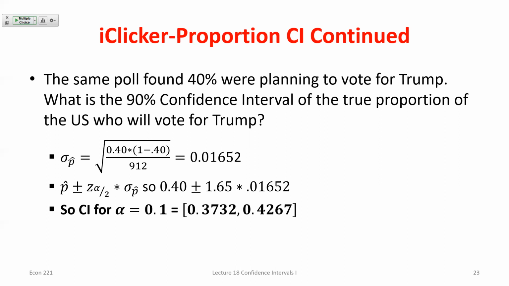If this was the scenario, well, it could be that the true population proportion for Clinton is somewhere over here, and the true population proportion for Trump is there. In that case, Clinton would be getting a larger proportion or percentage of the votes. But it could be that Clinton's true population proportion was somewhere down here, and that Trump's was somewhere up there, right? In which case, Trump would be getting a higher proportion, a higher percentage of the vote.